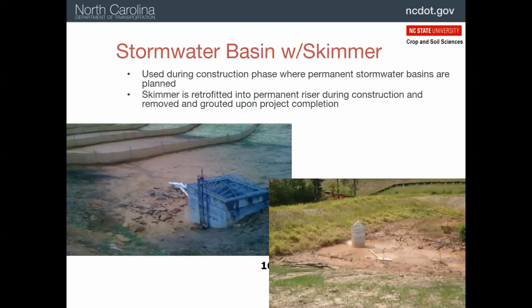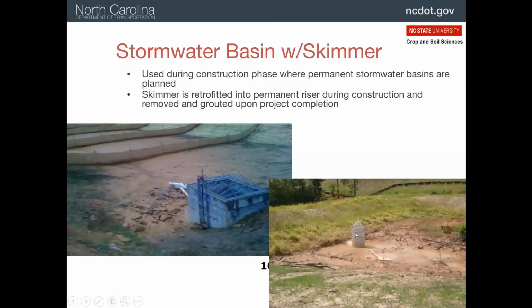Well, you can build these ahead of time as the construction of the highway is ongoing, and use it temporarily as a sediment basin. So in this case, we have a concrete riser. These risers almost always have what they call a weep hole, which is a hole down near the bottom. We can attach our skimmer to that and put in our baffles, and voila, we now have a skimmer basin. And remember, again, this is now the spillway, or similar to the weir in the dam.